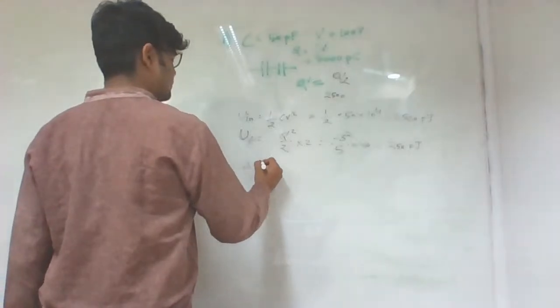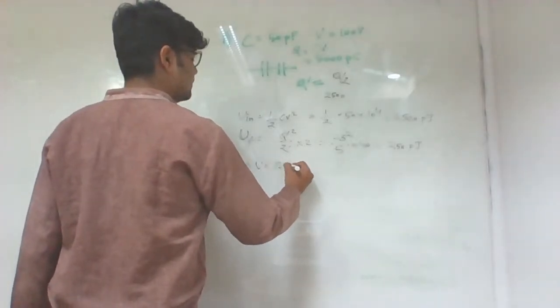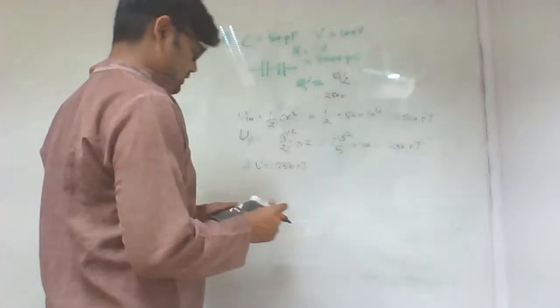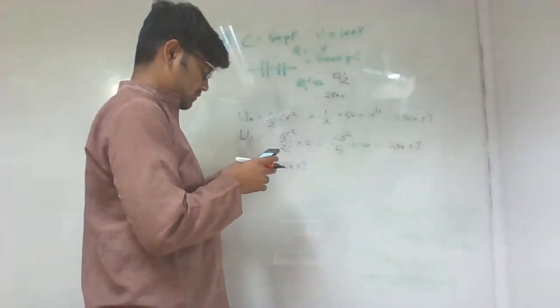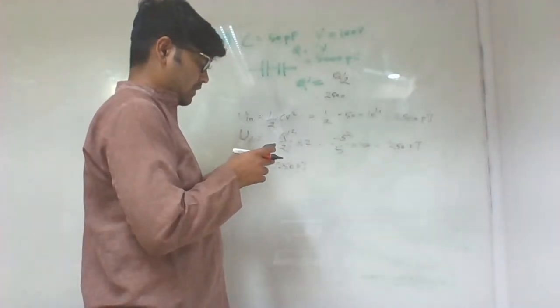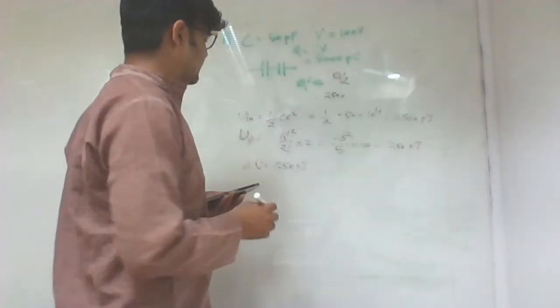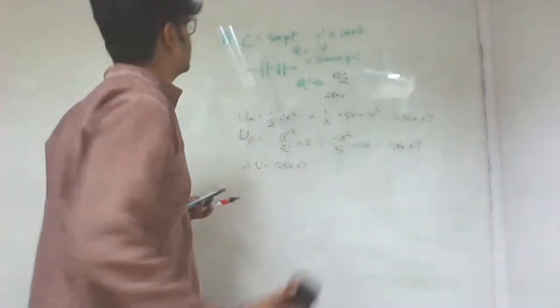So delta U is 1250 picojoules. You can check that the option should be 1.25 times 10 power 7. Right. Excellent.